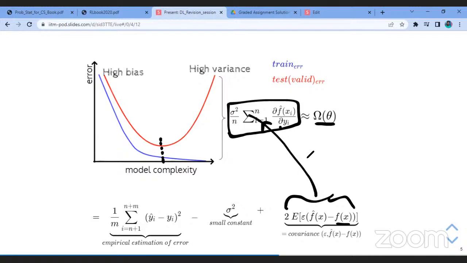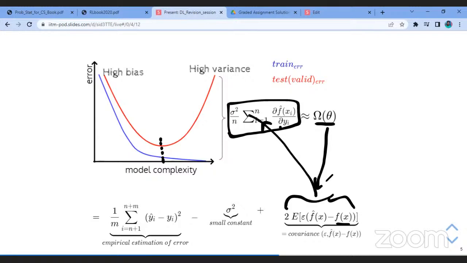This regularization term omega of theta is actually related to this term. These are the only important things that you have to focus on in this week.